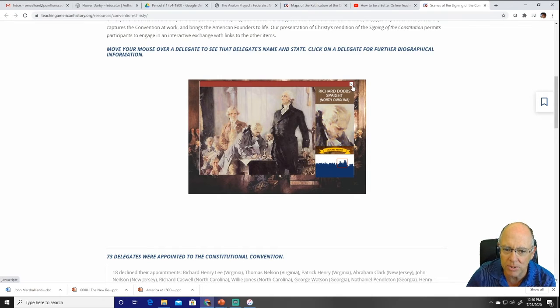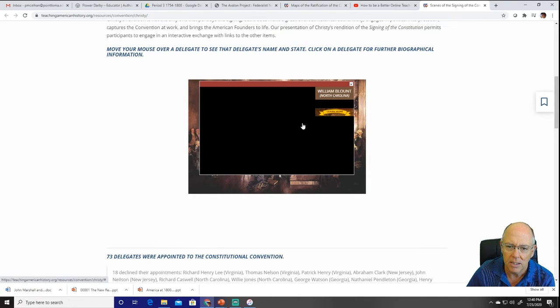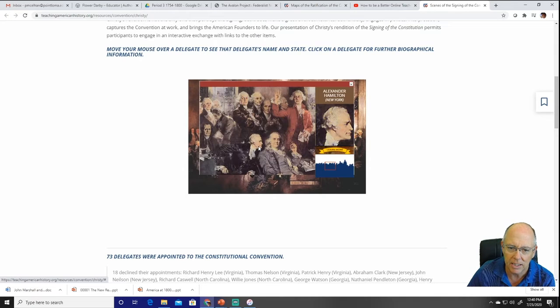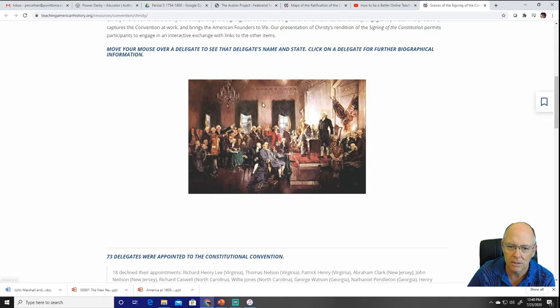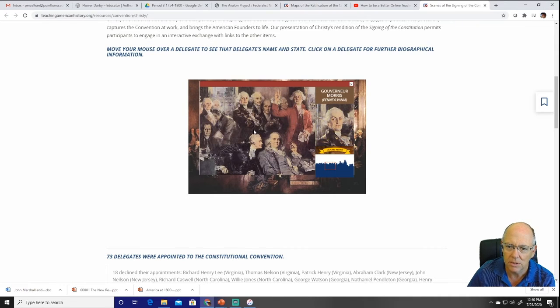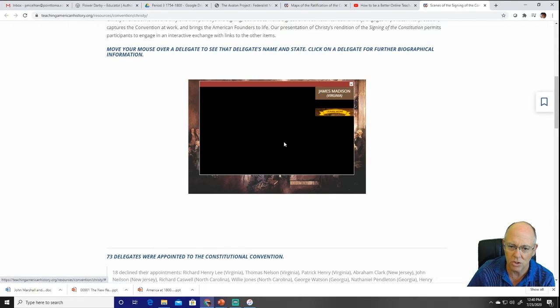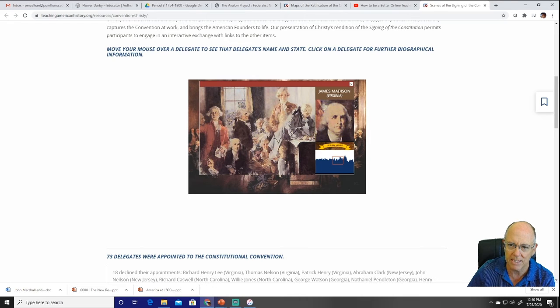Richard Dobbs of North Carolina. William Blount, North Carolina. Hamilton, New York. Who's this dude? Governor Morris. He's an interesting scoundrel. And then, of course, James Madison of Virginia.